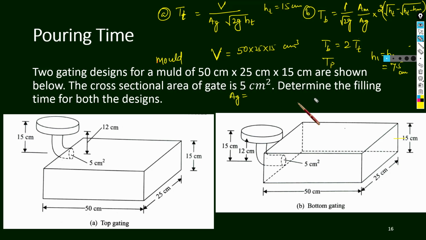Take the case that the gate is in the middle of the height of this cavity. Try this question and compare all three values. In the quiz I am giving this question, all three values you have to find out, and we will discuss in the next class. Thank you very much.